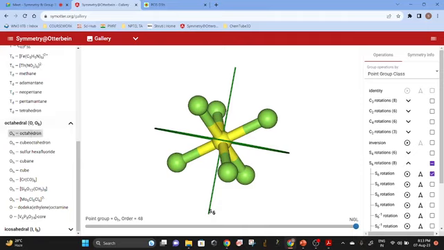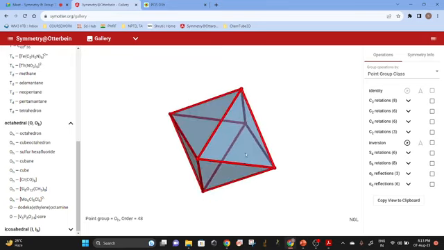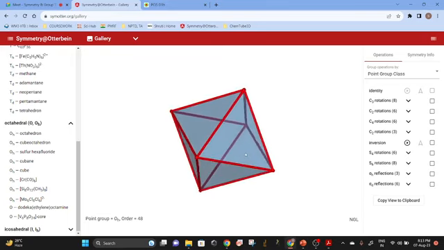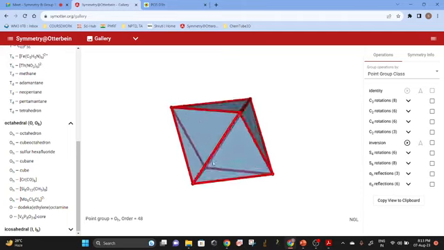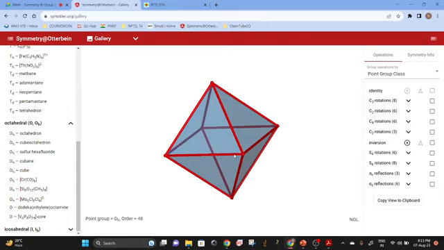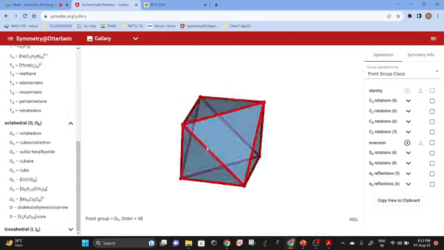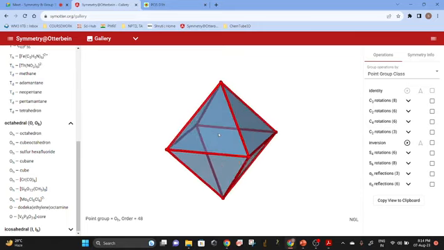Now let's see a proper octahedron. So this is an octahedron. Why is it an octahedron when it has only 6 vertices? 8 faces. Yes.